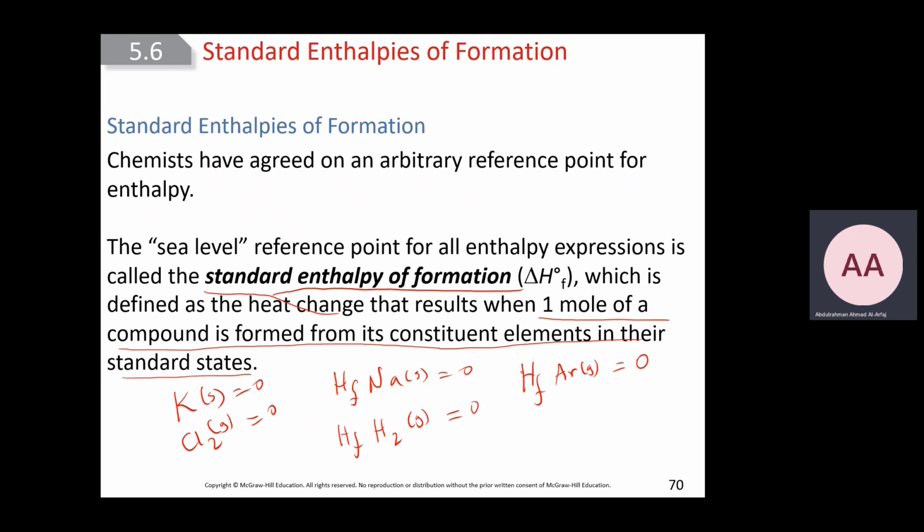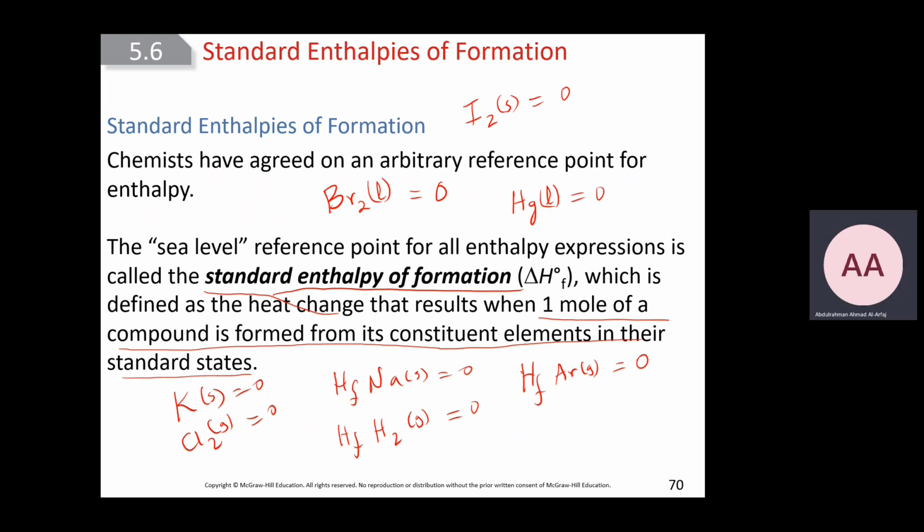Also, I told you if we have Br2 liquid, what's the standard enthalpy of formation? 0. And also I2 solid. I told you iodine is available as I2 solid. Also heat of formation is 0. How about Hg liquid?